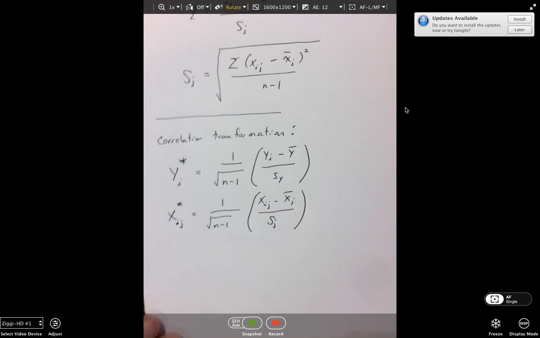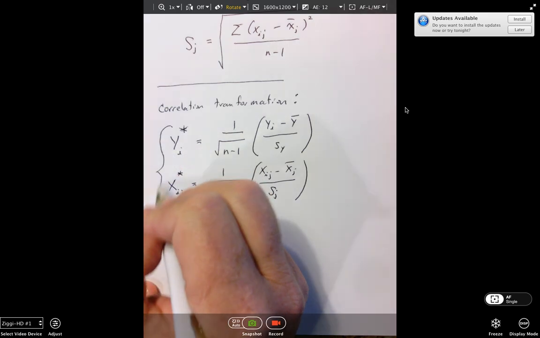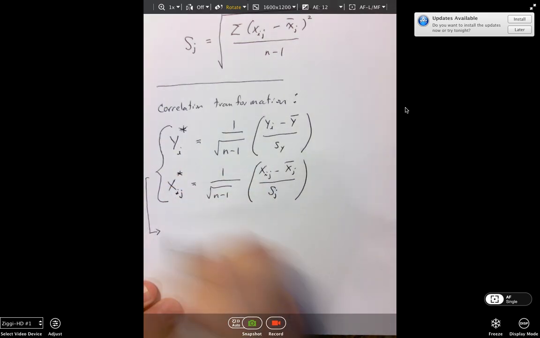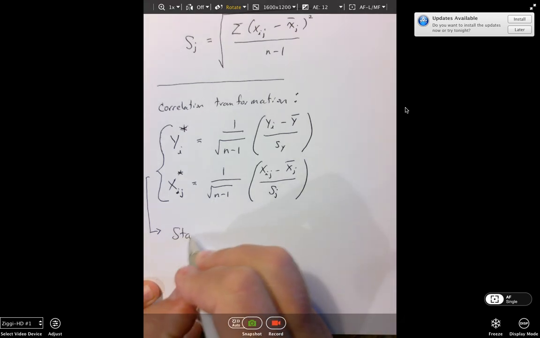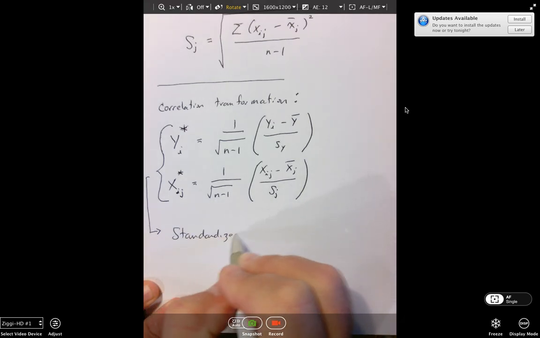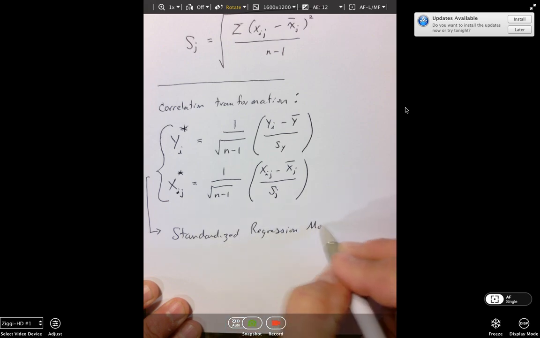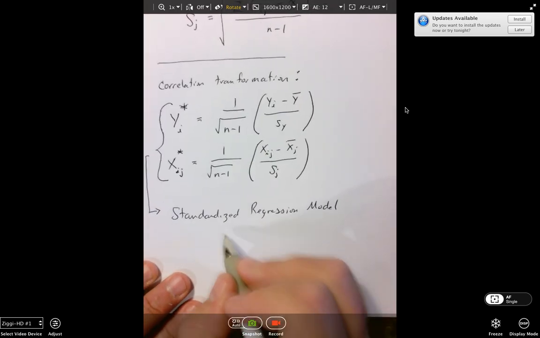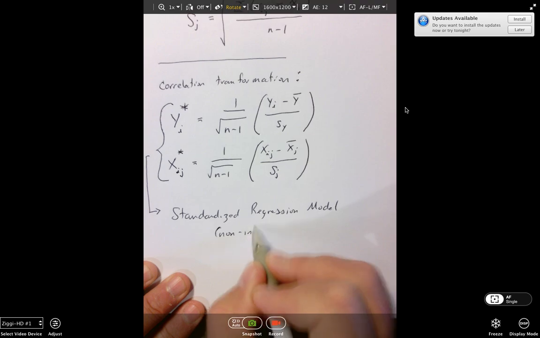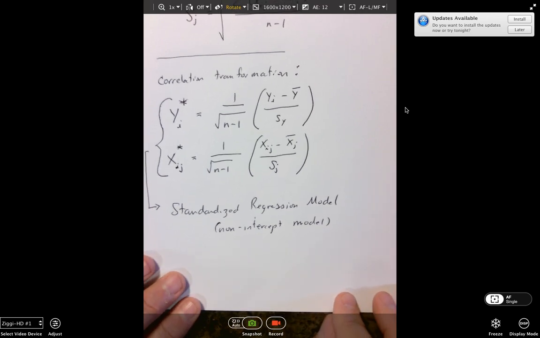After creating these and we create our model, we get what's called a standardized regression model. Our standardized regression model is what I call a non-intercept model, and I'll try to explain that in just a second. Non-intercept just means we don't have an intercept.